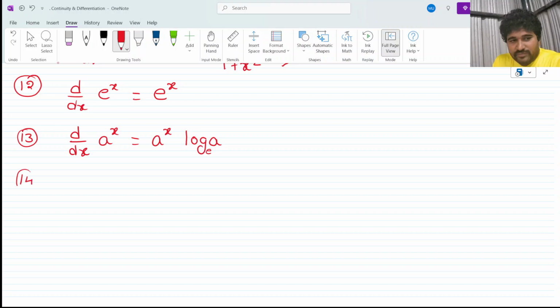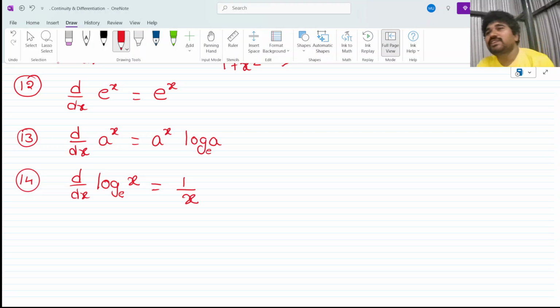14th formula. d by dx of log x. If I didn't say anything, base is what? Tell me. e. Remember, only when base is e, the formula is 1 by x.